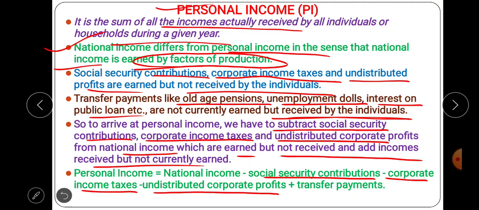It means here we are going to deduct the social securities contribution, then we are going to deduct the corporate income taxes, then we are going to deduct the undistributed profits. Okay. But here we are going to add the transfer payments. Why? Because it is received by individuals. Okay. So, this is about the personal income.